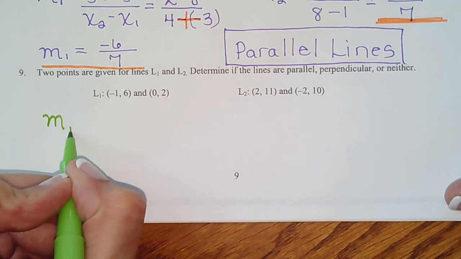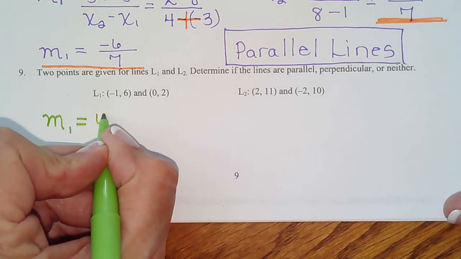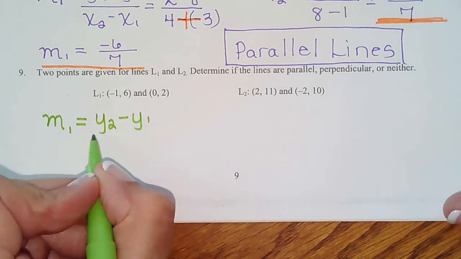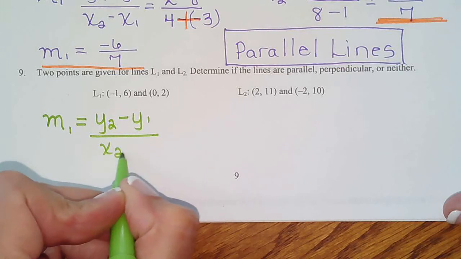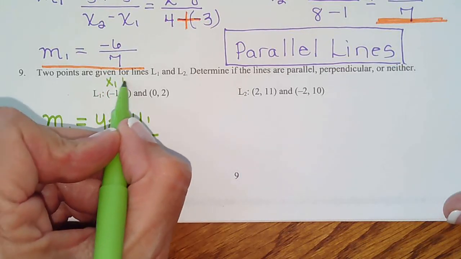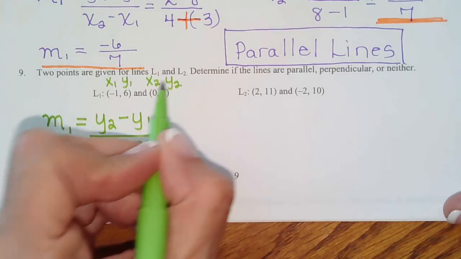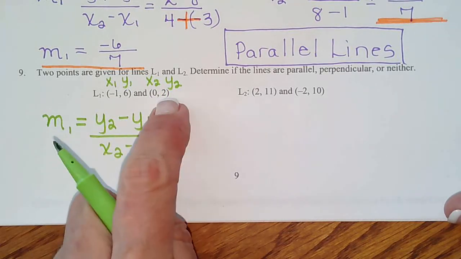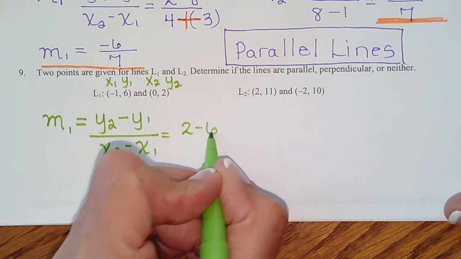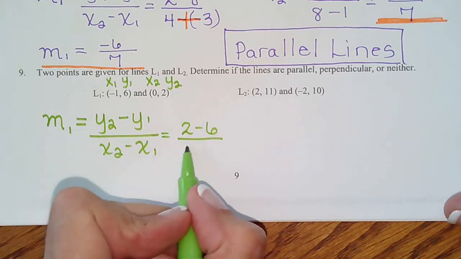Okay, the slope of the first line is, we'll go ahead and write the slope formula one more time. Second y minus the first y over second x minus the first x. So this is x1, y1, x2, y2. So we're going to have 2 minus 6 in the numerator over 0 minus negative 1.